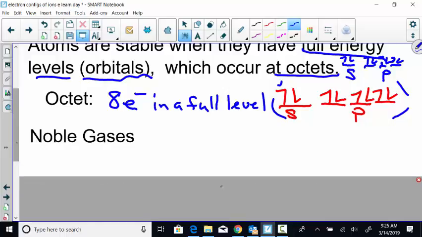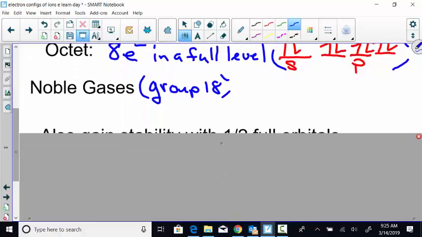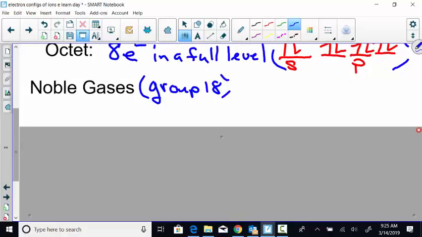Now, when does this occur? It always occurs at the noble gases, which is group 18 of the periodic table. We've talked about this many times in class, that one of the unique things about noble gases is they tend to be non-reactive.